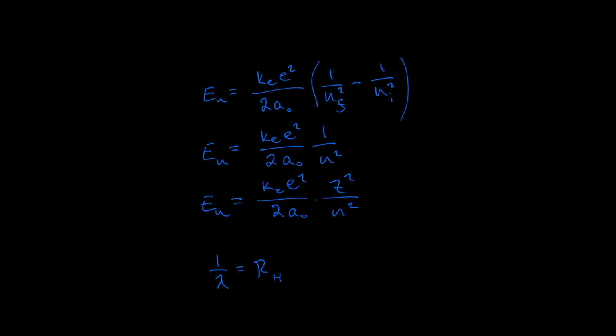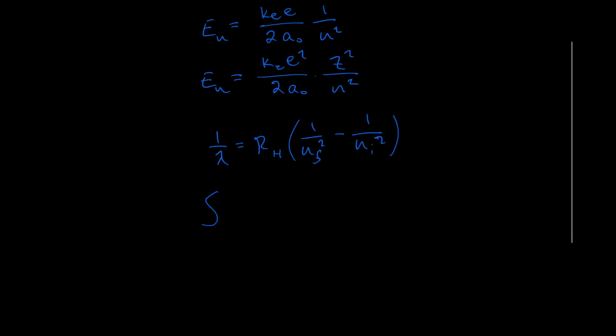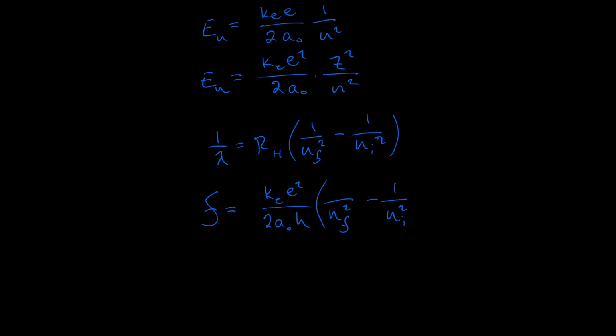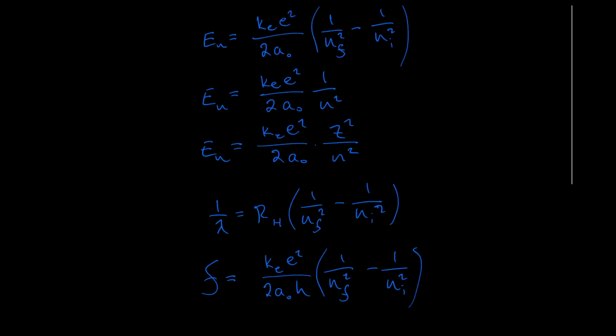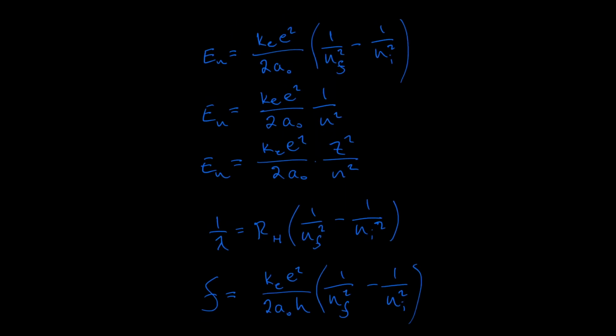It is this one for the wavelength, lambda, and another one for the frequency, which looks like this. Here we have a 2a subscript 0 and h, Planck's constant. And then we have n final squared minus n initial squared. These are the reciprocals. So several equations here that look very similar.